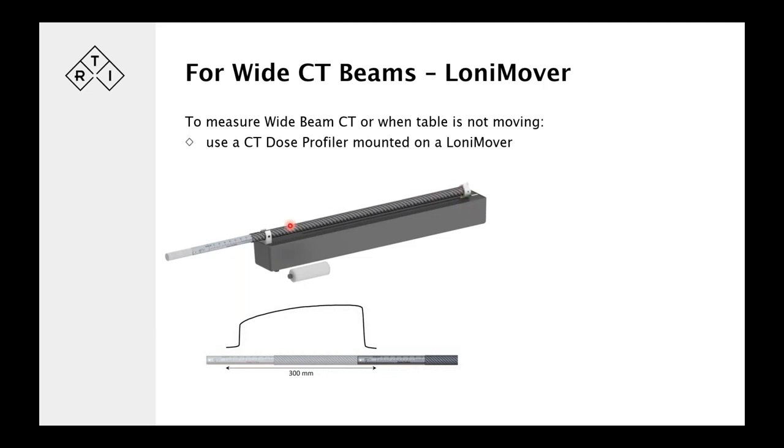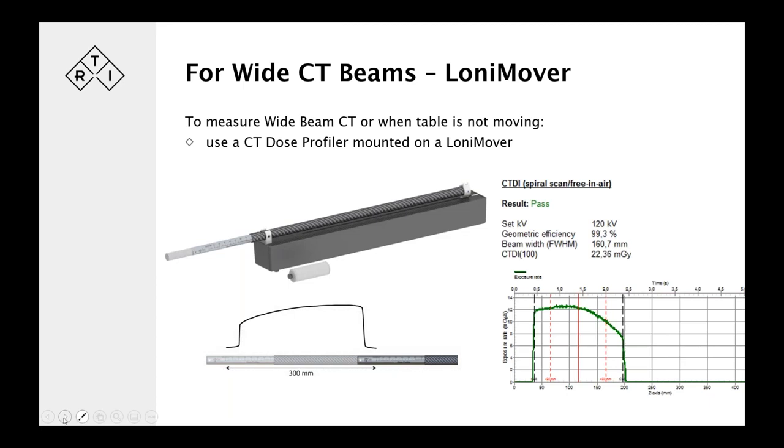It will push this rod, this holder, which is carbon fiber, so as not to generate too much scatter. Put this one on the couch, and it will poke the detector through the beam at a known speed. We know the sample speed, and we get a dose profile out of that.